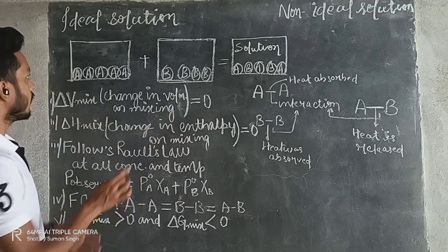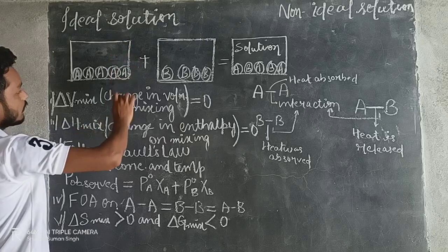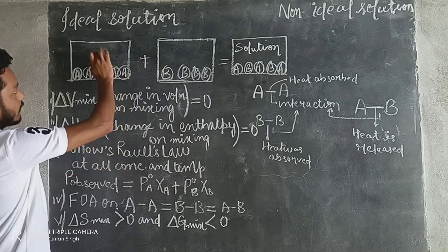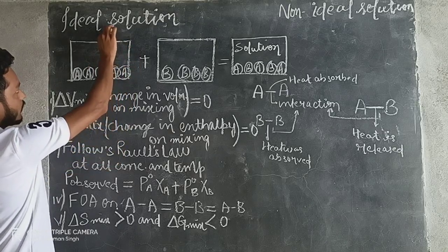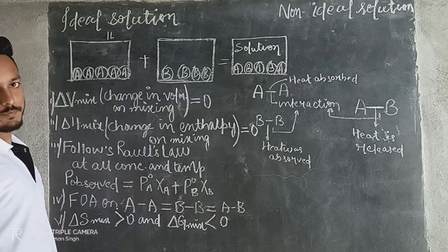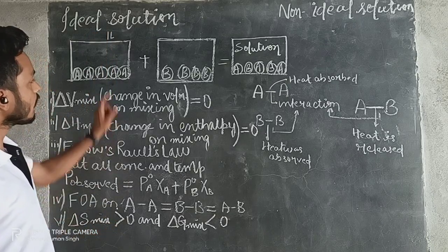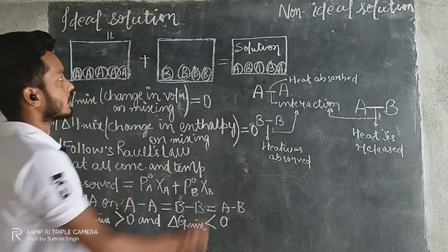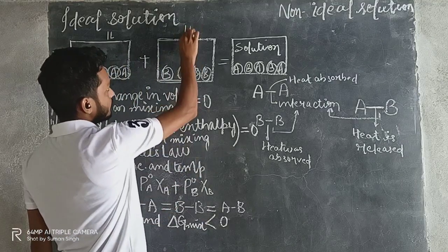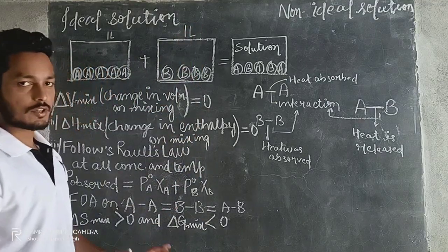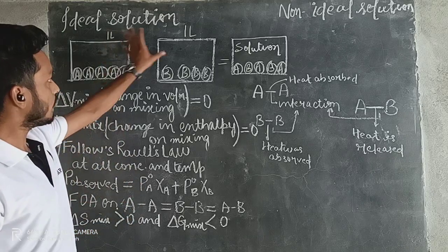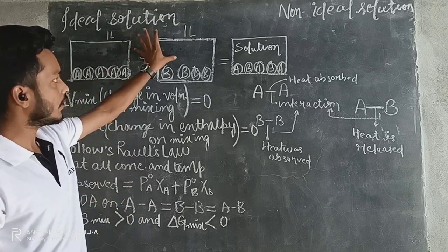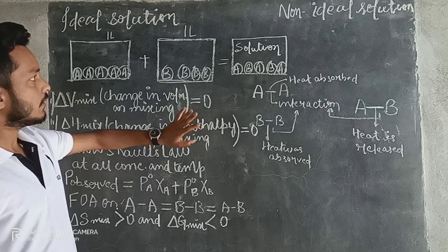Suppose when only A was there, it was 1 liter, just take the example, and B was again 1 liter, okay, perfect 1 liter.